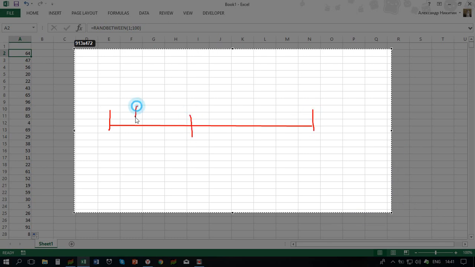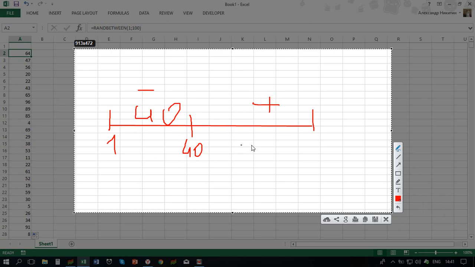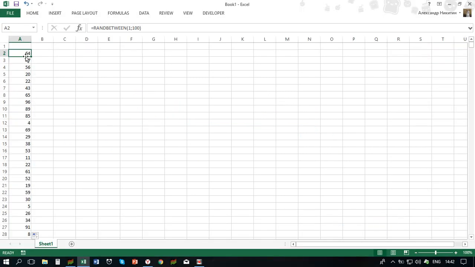So from 1 to 40, they are losers. And here, what is left from 40 to 100, they are winners. Agree? Yes. Why not? And because the number is random, it is randomly either before 40 or past 40.